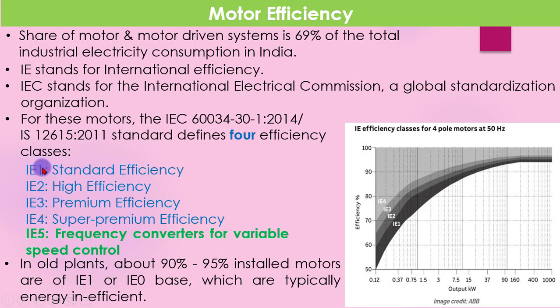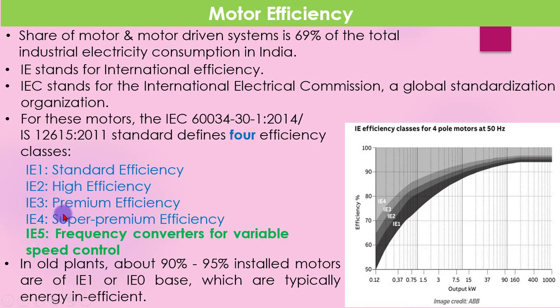Here IE stands for International Efficiency, and IE1 means standard efficiency, IE2 is high efficiency, IE3 is premium efficiency and IE4 is super premium efficiency. But the actual efficiency values depend on the motor's operating frequency, number of poles and rated output.